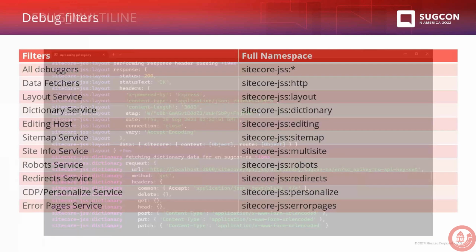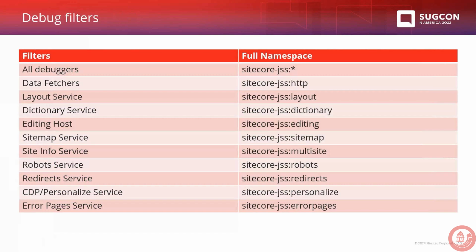So here's a list of all of the debug filters that the JSS team makes available in the Next.js SDK. So of course, there's the filter for all debuggers, the Sitecore JSS star. If you want to look at the debug logs for the data fetchers, you can turn that on, layout service, dictionary service.